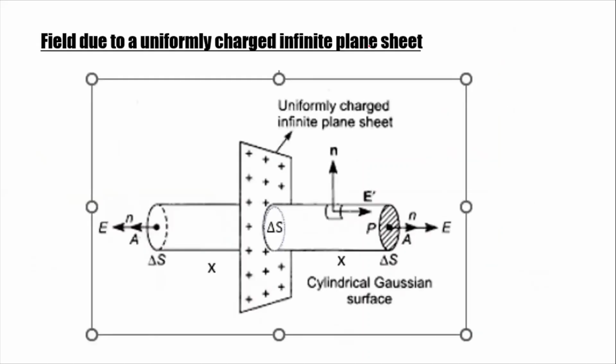Now we'll go to the electric field due to a uniformly charged infinite plane sheet. As you can see in the diagram, we have taken a sheet with a charge distribution. We are taking a small surface del S, calculating the charge and the electric field due to it, then integrating for the entire sheet. As the charge distribution is uniform, you can integrate it.